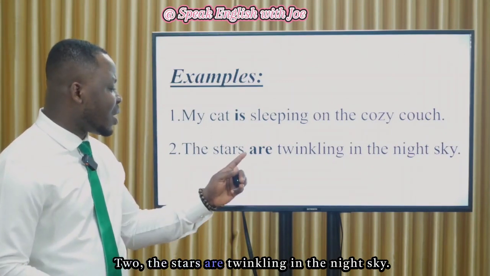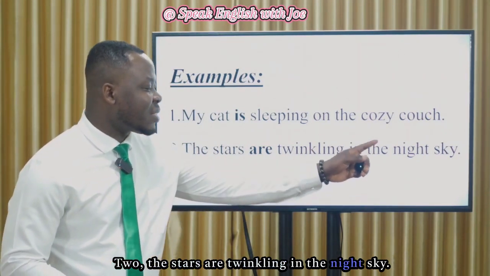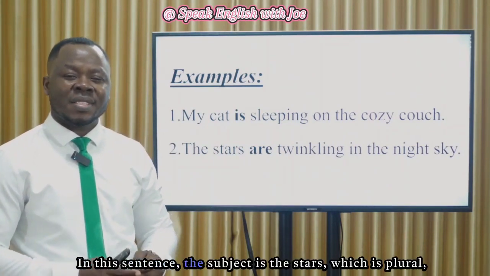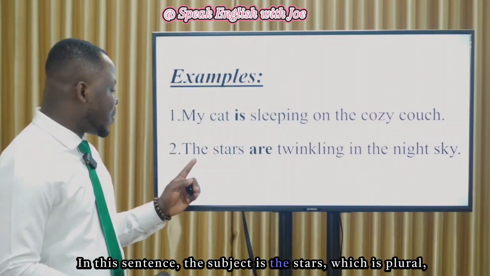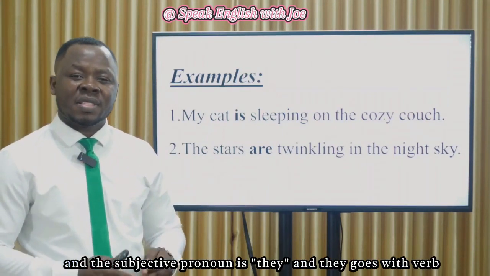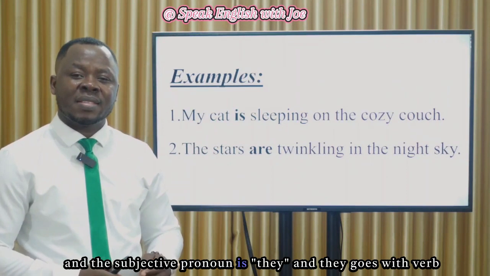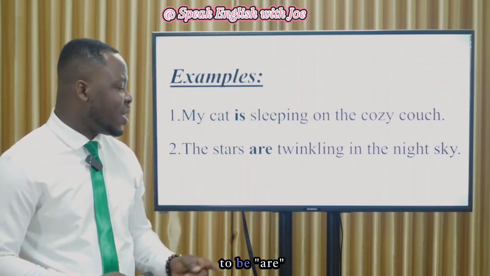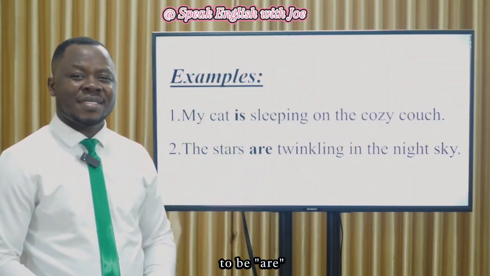The stars are twinkling in the night sky. In this sentence, the subject is the stars, which is plural, and the subjective pronoun is they, and they go with the verb to be are.